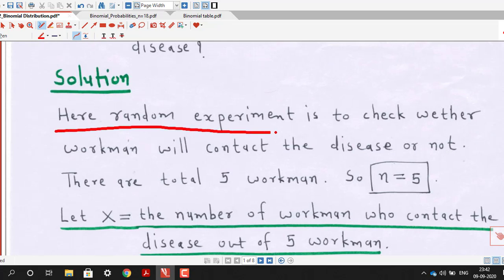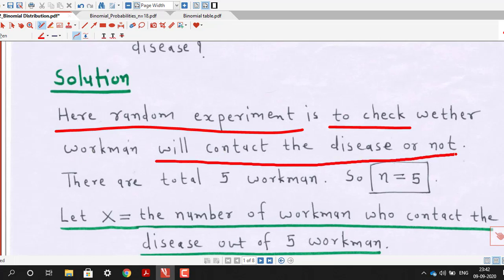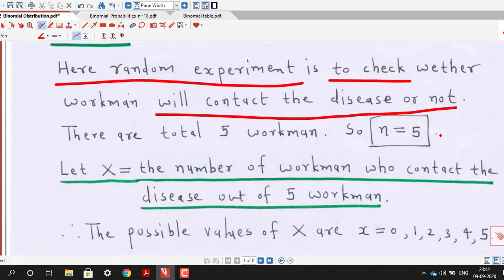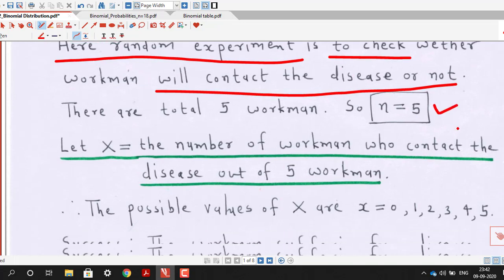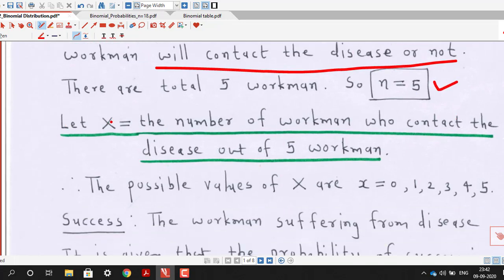I have written that the random experiment is to check whether workmen will contract the disease or not. There are total 5 workmen, so n equal to 5. Let us define random variable X to be the number of workmen who contract the disease out of 5 workmen. So the possible values of X are 0, 1, 2, 3, 4 up to 5.